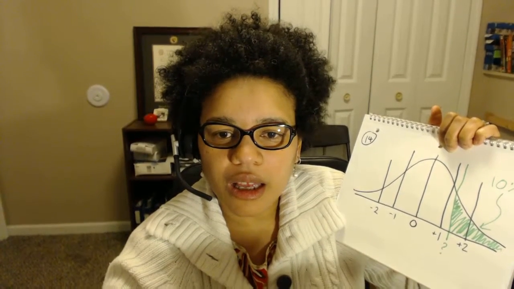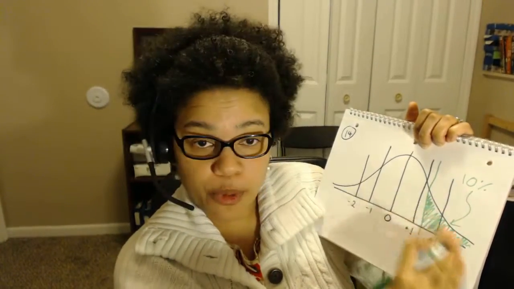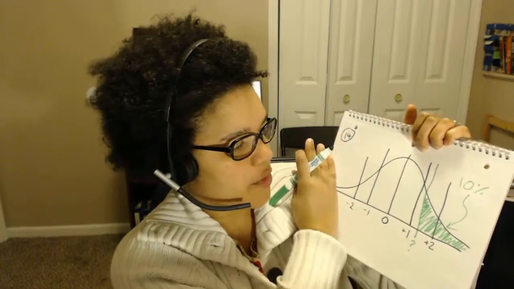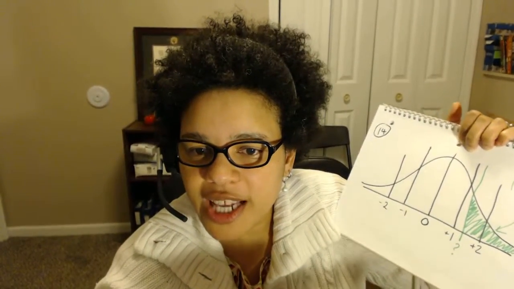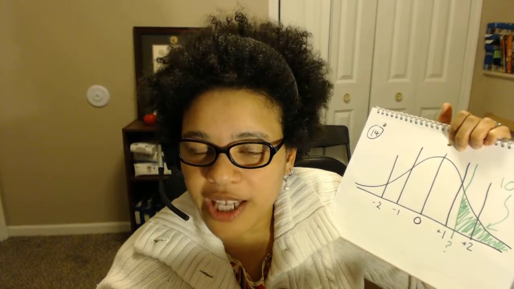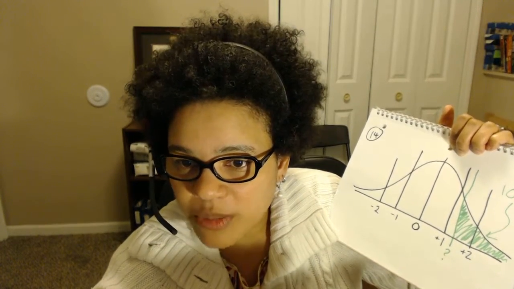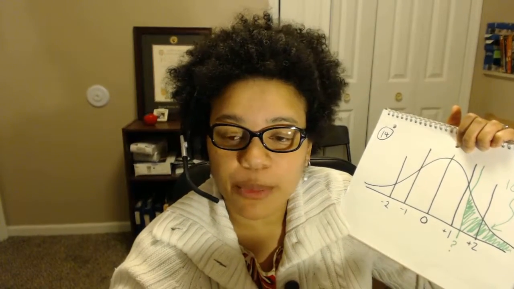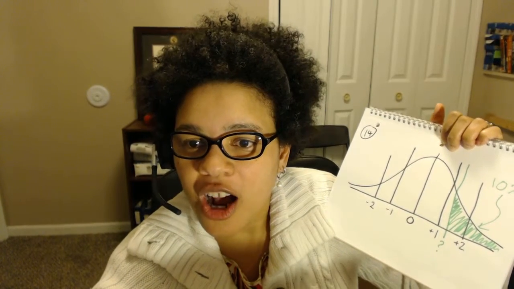Okay, so this is a smaller proportion, right? 90% would be the larger proportion. The smaller portion of 10%, I'm looking at the column that says smaller proportion. I see 0.1003, a proportion of 0.1003 as the area under the curve.